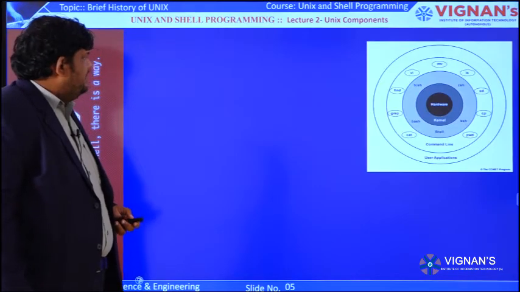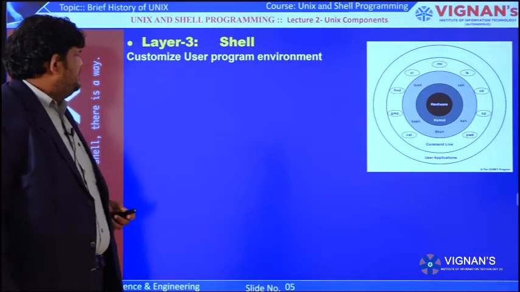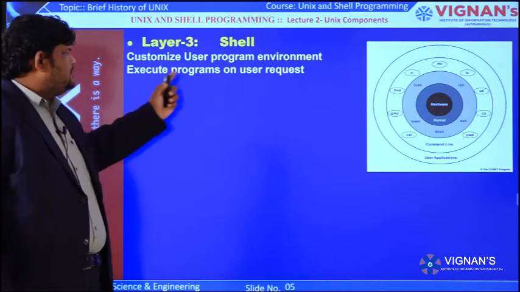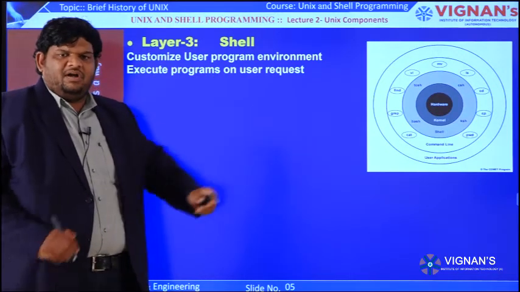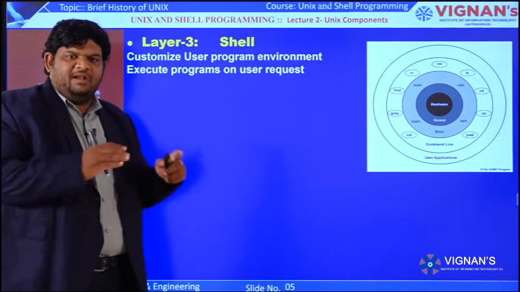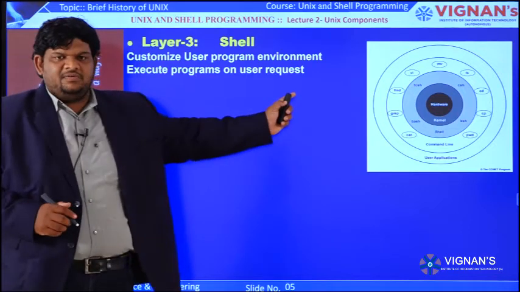Coming to the third layer, the shell. Let us see the functionalities of the shell. It customizes the user environment and executes programs on user request. Whatever commands we type on the shell or command line interpreter, it executes and sends the result back to the user.